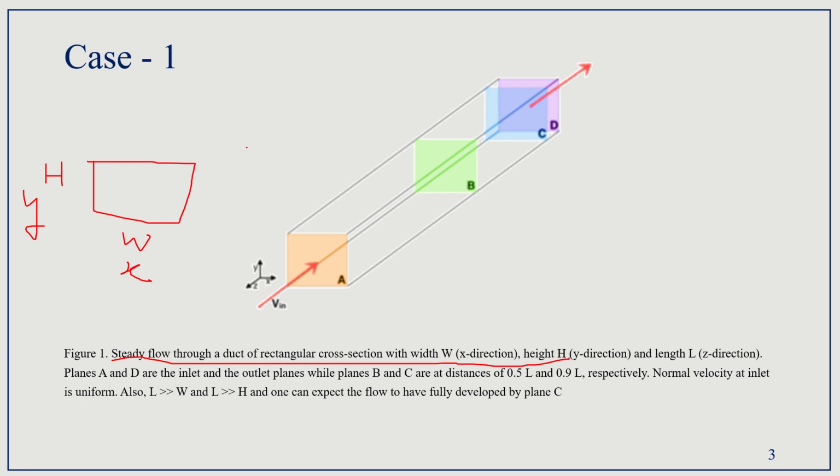And in the z direction the length is given as L. From this figure itself we can understand that length is very much larger than height and width. And we have four different planes: this is plane A, this is plane B, this is plane C and plane D.